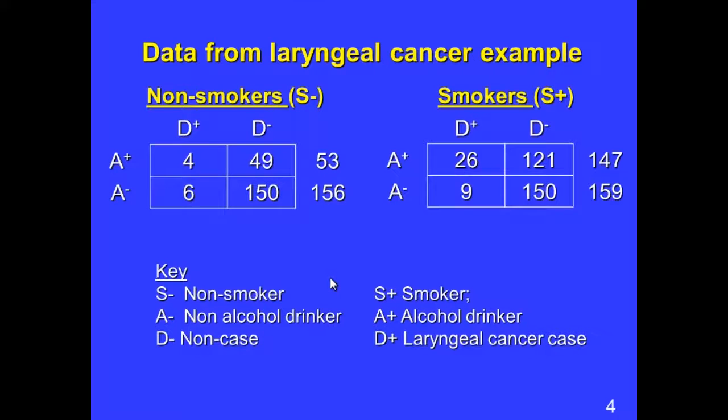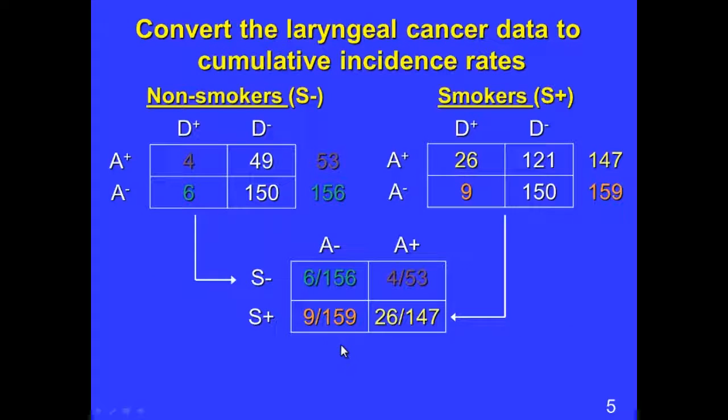So we take these data and we convert them into cumulative incidence rates. I've color-coded it here so that you can see how it works. Basically we construct a new 2x2 table, and it shows the distribution among the four categories of alcohol consumption and smoking. Here we have S minus, A minus, non-drinkers, non-smokers, and we've calculated their cumulative incidence.